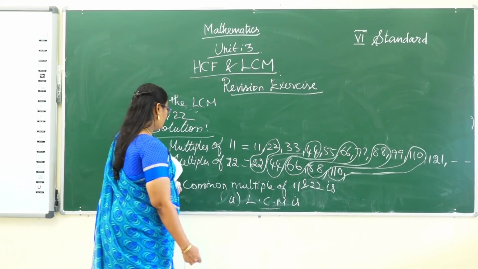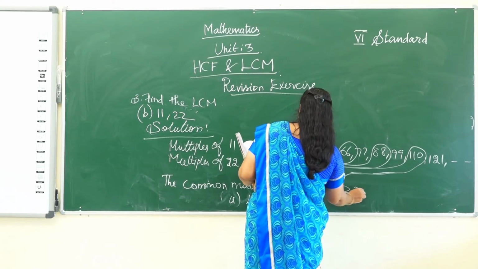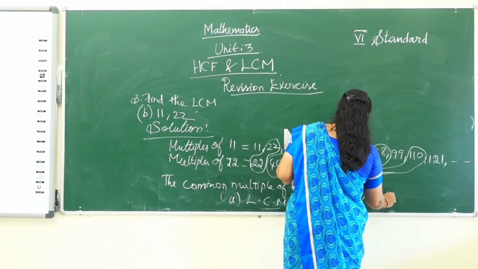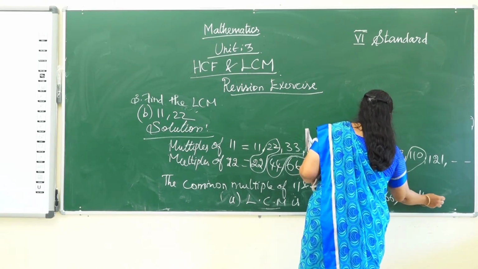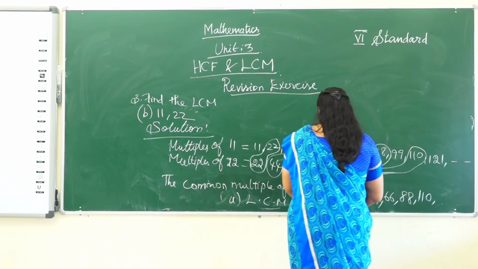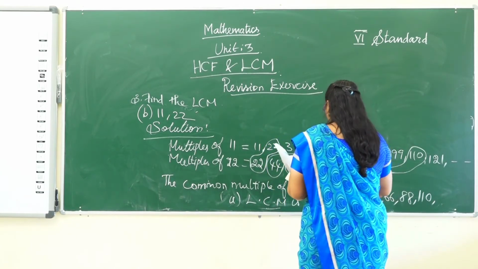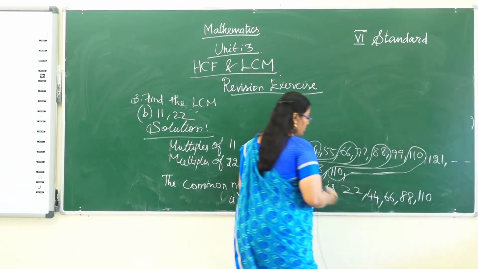Okay, so common multiples of 11 and 22 are 22, 44, 66, 88, 110, endlessly going like that. Okay, so stop here.